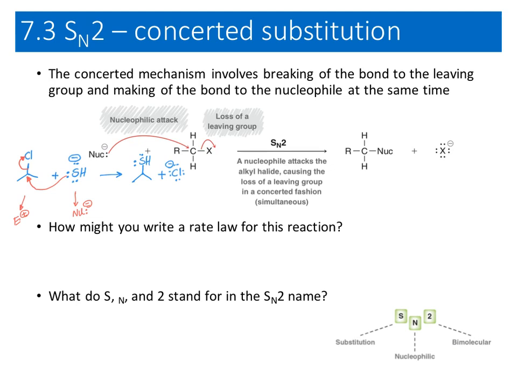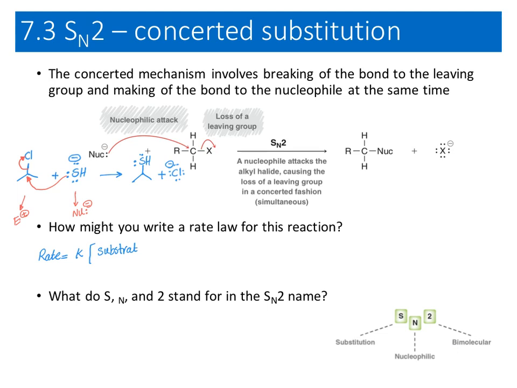In SN2 reaction, the rate of the reaction is also dependent on the concentration of both alkyl halides and the nucleophile. So we can write the rate equals rate constant, concentration of the substrate.